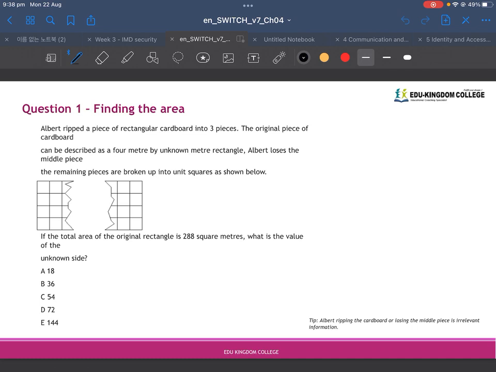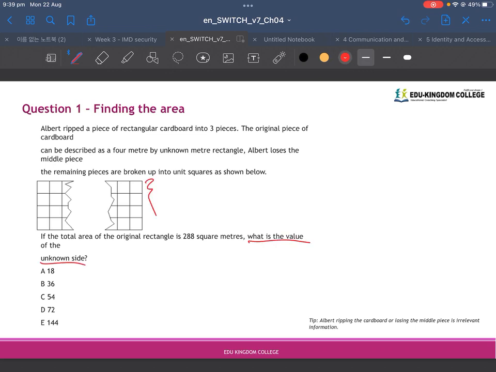Now, as we read this question, hopefully you guys see that there is a lot of information to take in. And actually, most of this, I'd say 90% of the information, is not necessary to solve the question. Why? Because the question's asking for the value of the unknown side.